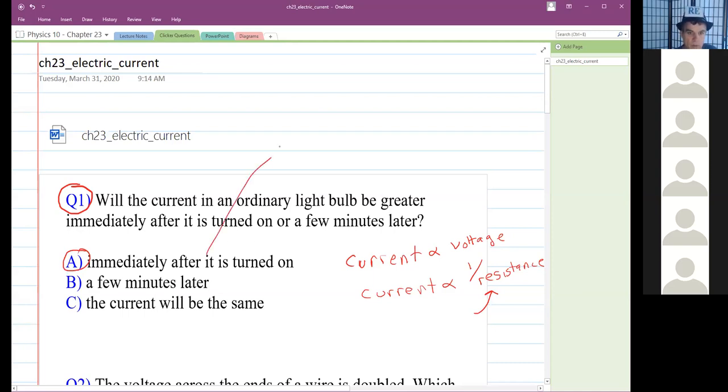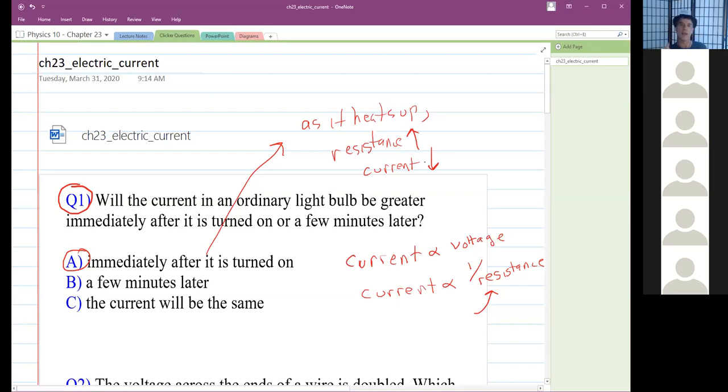Why? Because as it heats up, resistance goes up, which means the current goes down. So as the light bulb is on and getting hotter, the resistance is increasing, which means the current is decreasing. So the current is going to be greater immediately after it is turned on. And this actually has an interesting consequence.